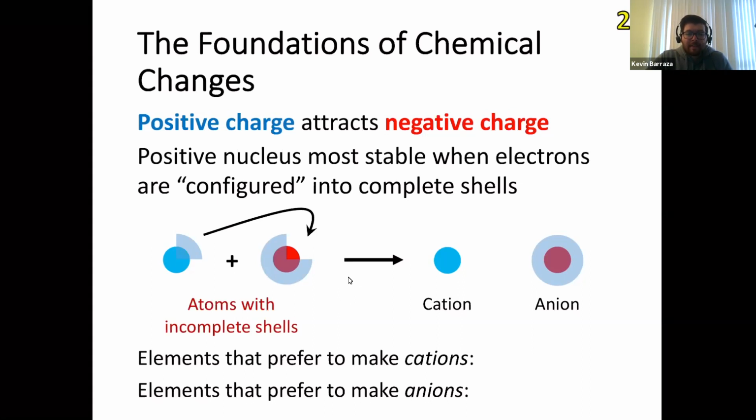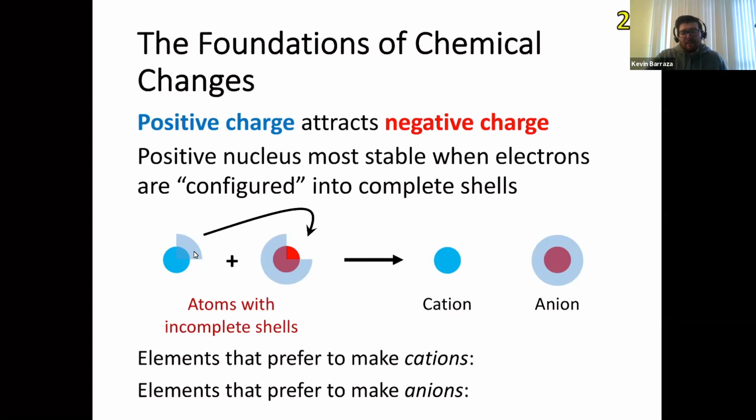If we partner up an element that would like to give away its electrons with an element that likes to gain those electrons, then they'll naturally do that. That's what results in making ions that will form ionic compounds. So we're matching one element that likes to give with one element that likes to take, and from that, we make a new substance.